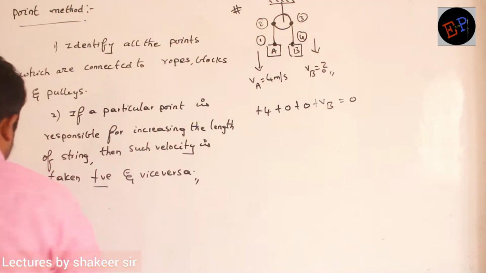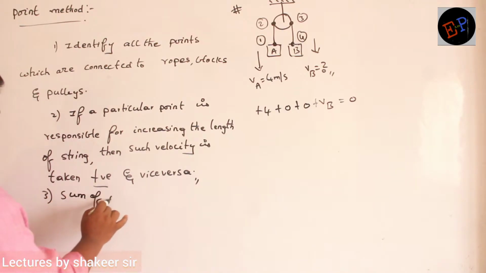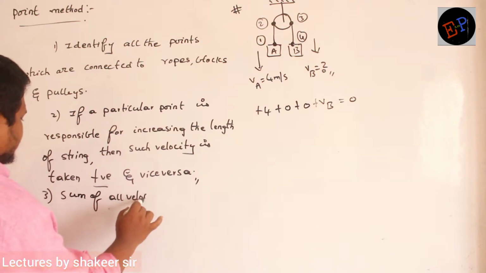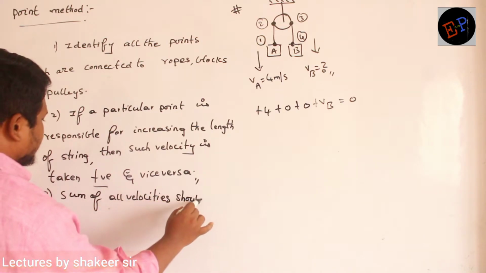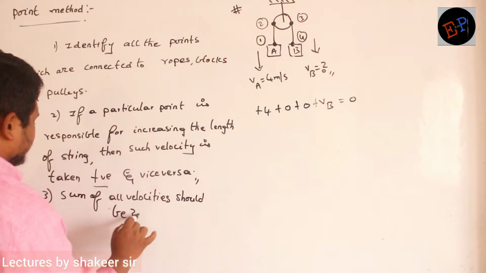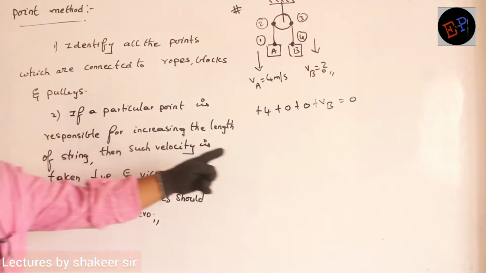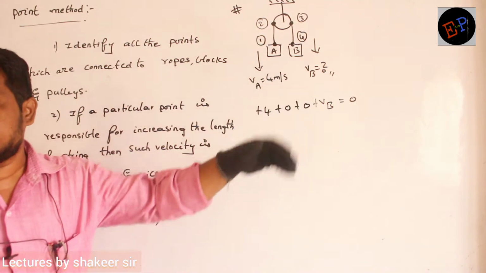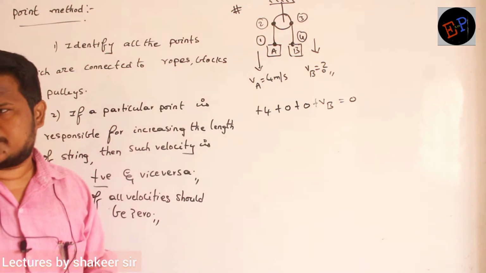So what is the third point here? I have to write the sum of all velocities. Sum of all velocities should be 0. Are you able to understand? So we are taking all the velocities and equating them to 0. Why are we equating to 0? Because the total length of the string is always a constant.